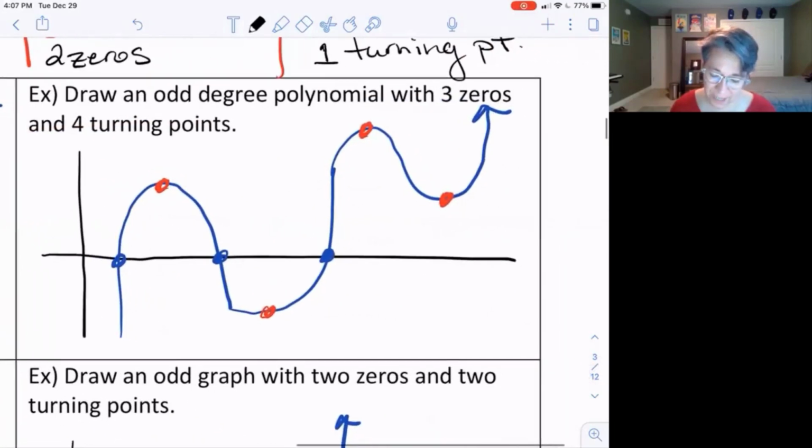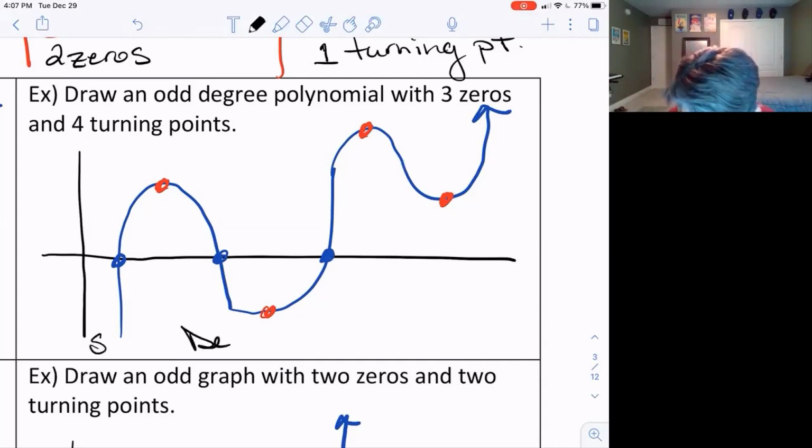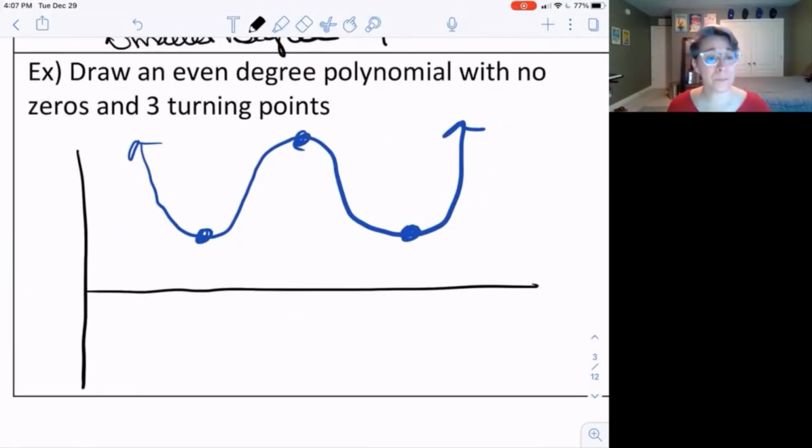For this next example, we have 3 zeros, but 4 turning points. So if there are 4 turning points, remember we have n minus 1 turning points. So the smallest degree would be 5. This bottom left has 3 turning points and it's even.